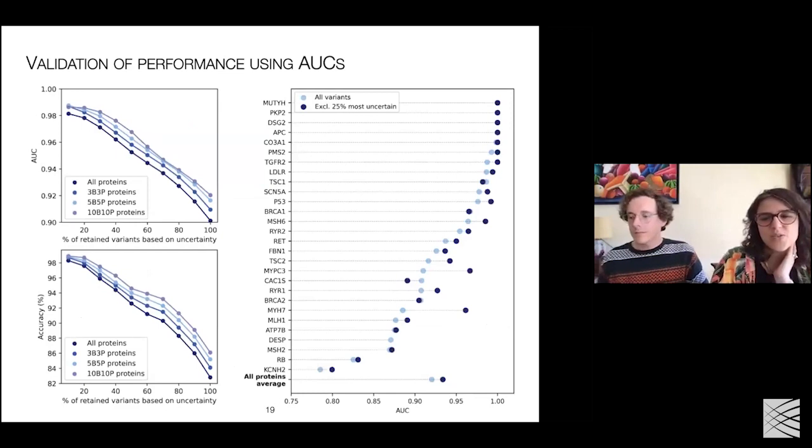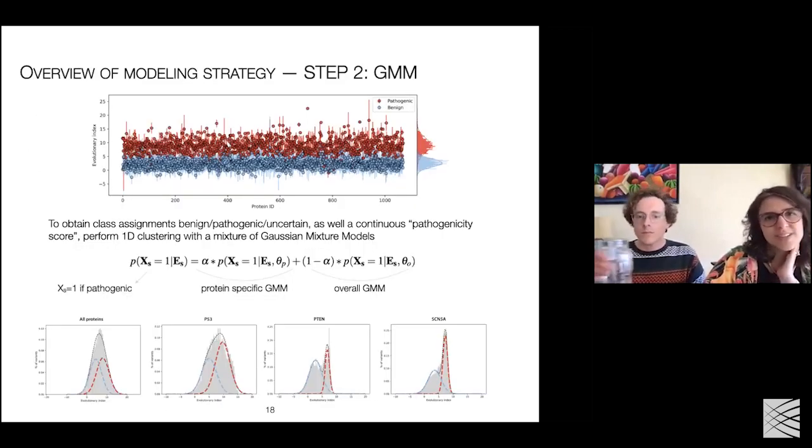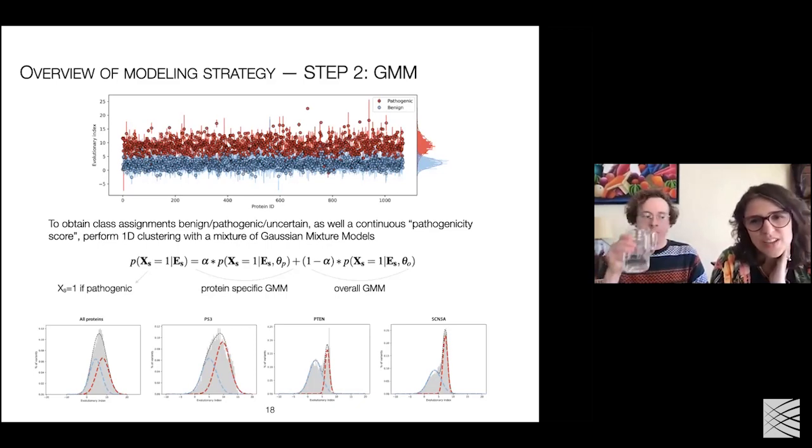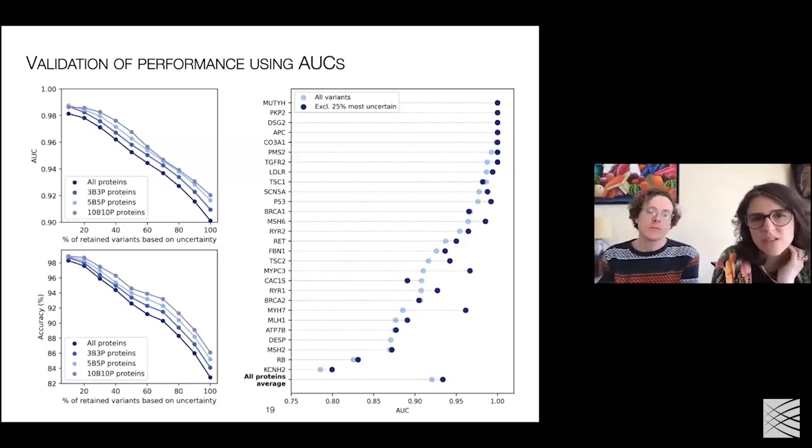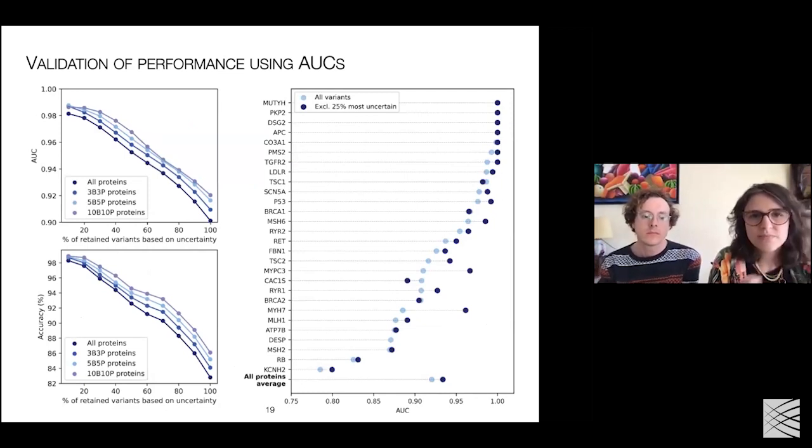Right. So once we combine these step 1 and step 2, we get what we called our model EVE. And we applied it to, like Johnny said, about 1,000 proteins involved in disease. Our first experiment was to check its performance using AUCs.